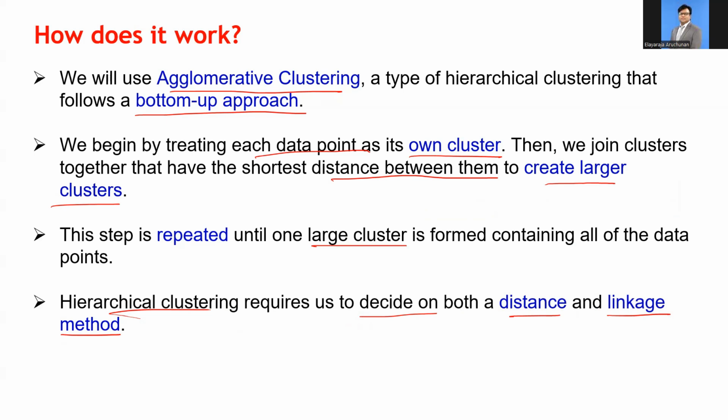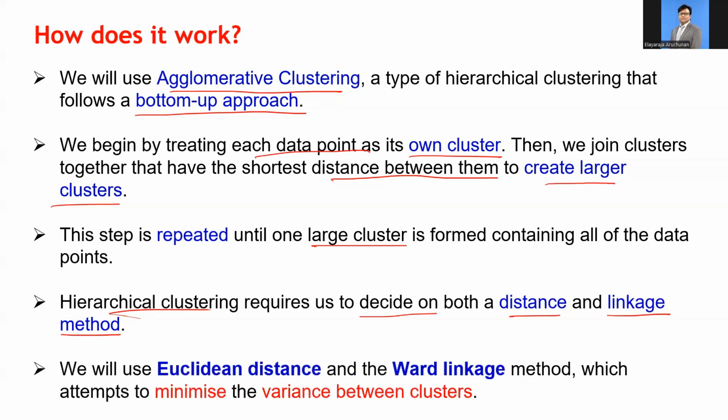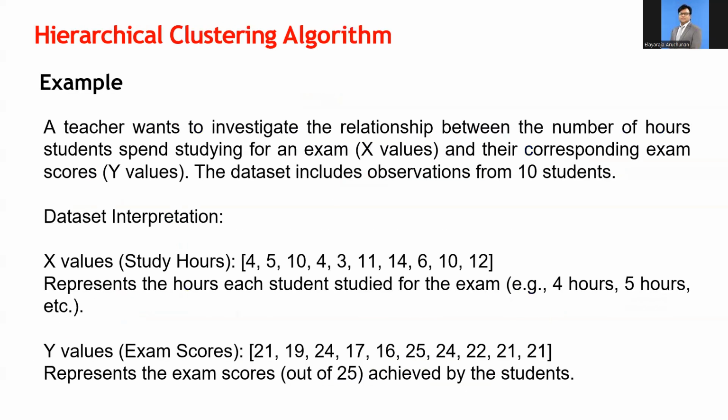For distance, we can use Manhattan, Euclidean, cosine distance and so on, but we focus on Euclidean distance here. And for the linkage method, we use the Ward linkage method in this study, which attempts to minimize the variance between the clusters. Take a look at this example.